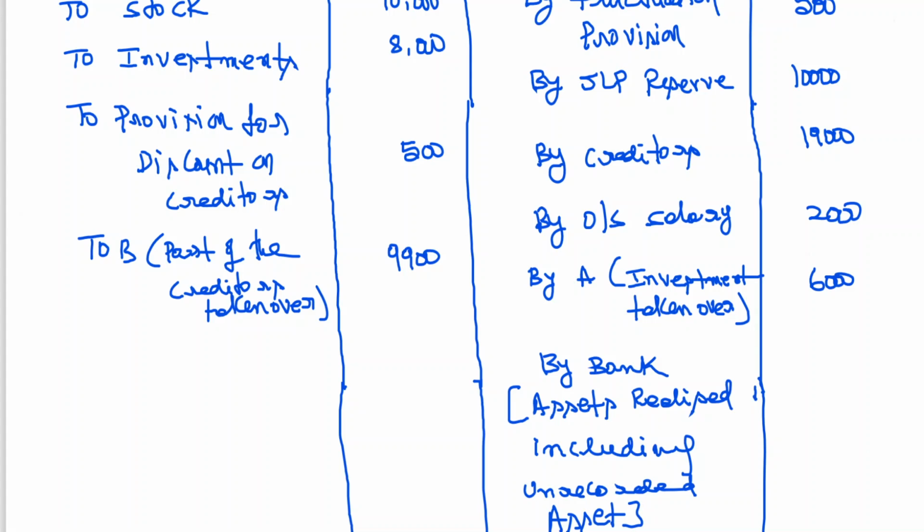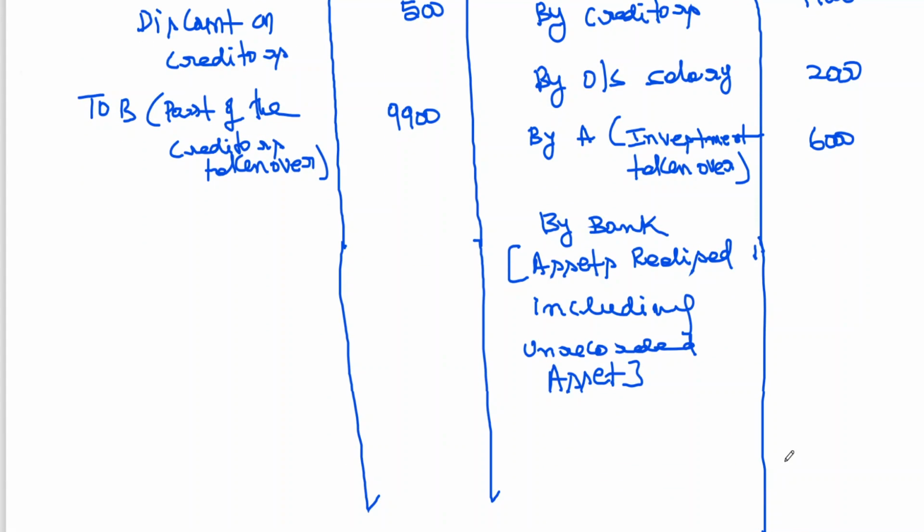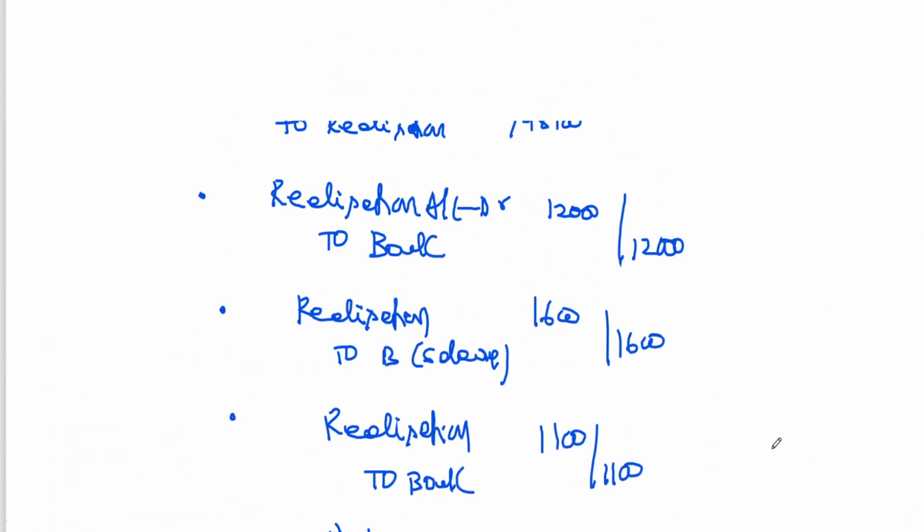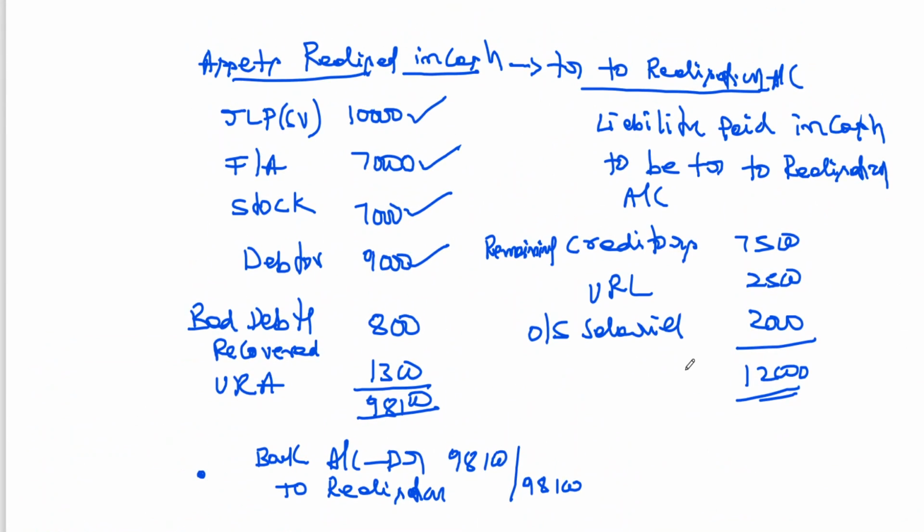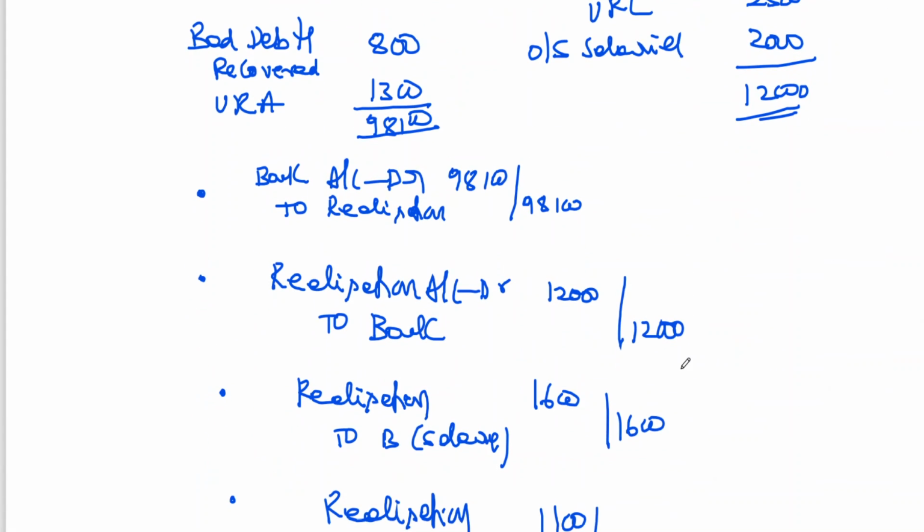Assets realized including unrecorded asset is coming to 98,100. Then similarly, we have seen realization to bank. Remaining creditors, unrecorded liability, it is coming to how much? 12,000.